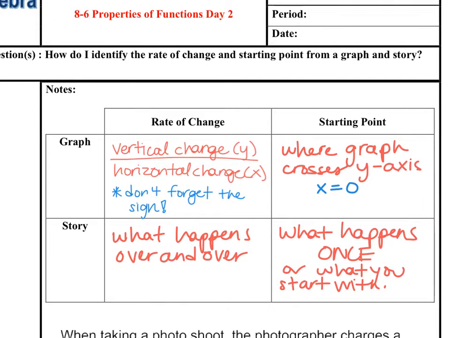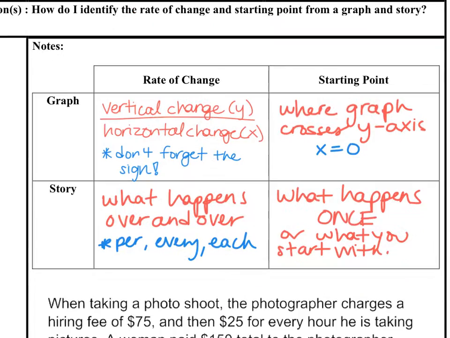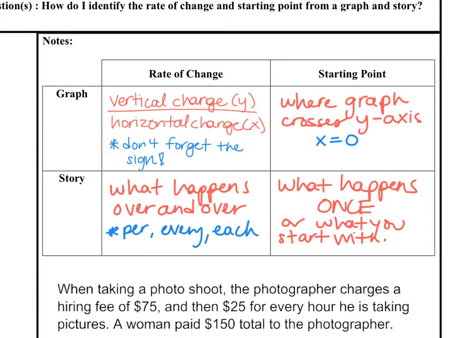When we look at rate of change, we want to look for words like per, every, each, etc. What happens once or what we start with might be something like a fee or a one-time cost or just how much we begin with.